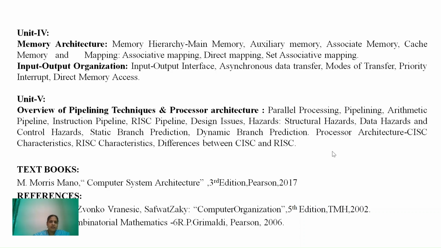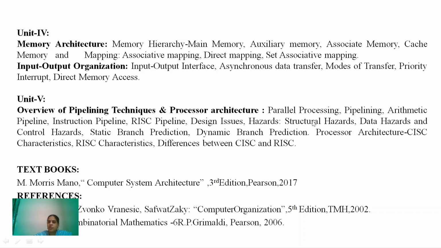Moving on to Unit 5, we are going to discuss the overview of pipelining technique and processor architecture. Here we are going to discuss parallel processing and how the pipelining technique helps in parallel processing of instructions. There are different types of pipelines like arithmetic pipeline, instruction pipeline, and RISC pipelines. Next, we discuss the design issues or hazard situations which occur in the execution of instructions in a pipeline.